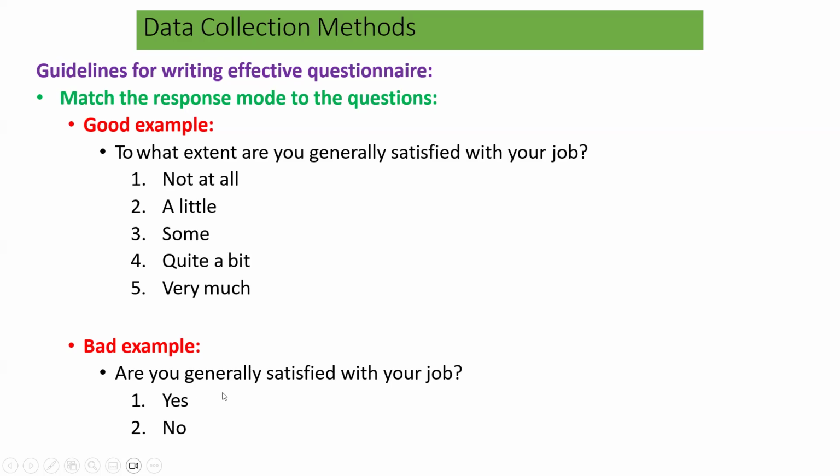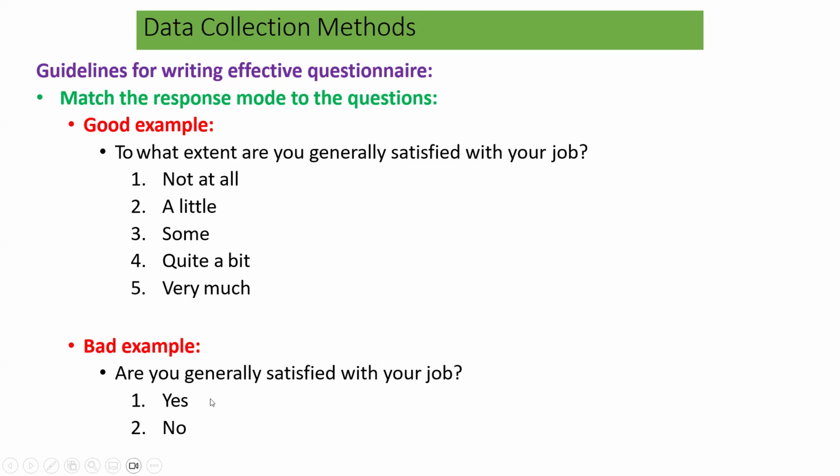But here, the question starts with this. Simply by the nature of the question, the answer will be yes or no. Are you generally satisfied with your job? Right? If you ask this type of question, obviously the answer would be simply yes or no. You can't give an answer like this to this type of question.